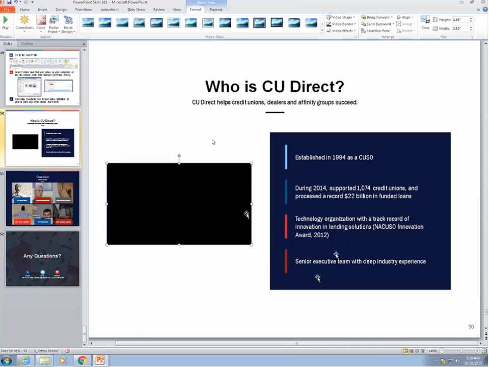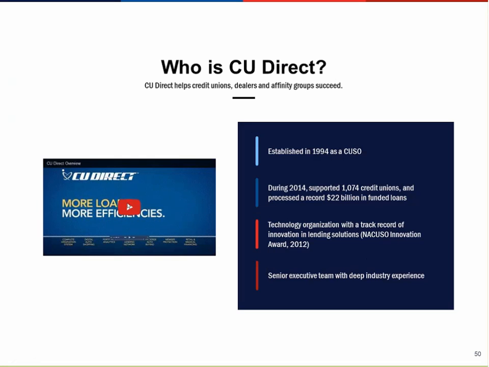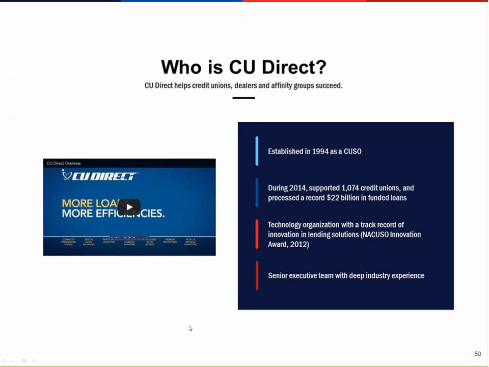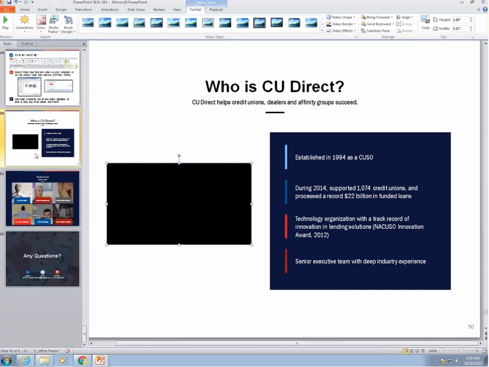Place it where I want. Okay, so when you insert a video from YouTube, you will not see it in the design mode, but when you go to Slideshow, it will be there. So as you see, you can just click on that and play it from there. And that's just another option for you. But like I said before, we want you to definitely use the videos from your file first.